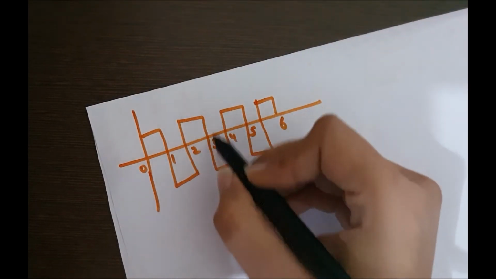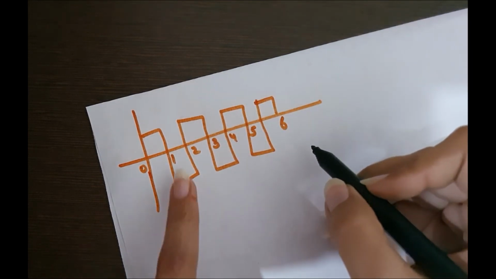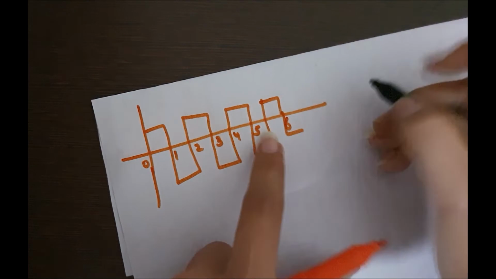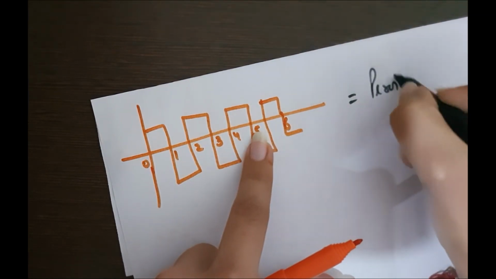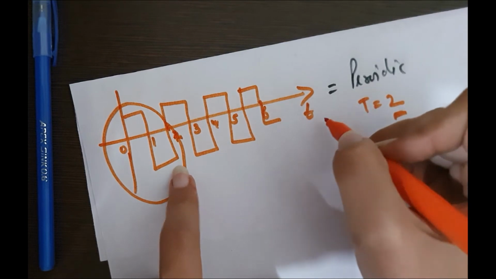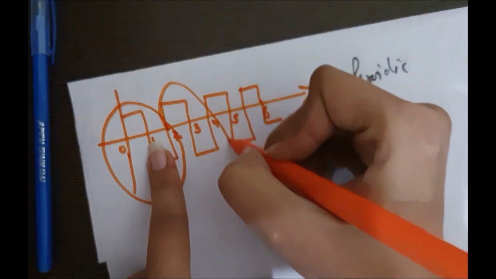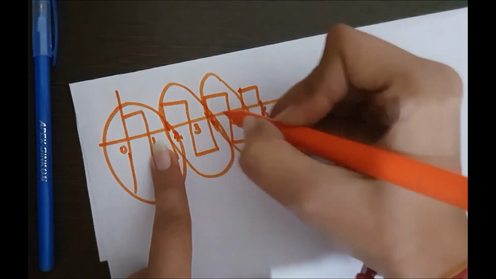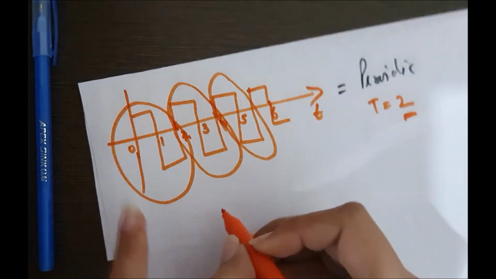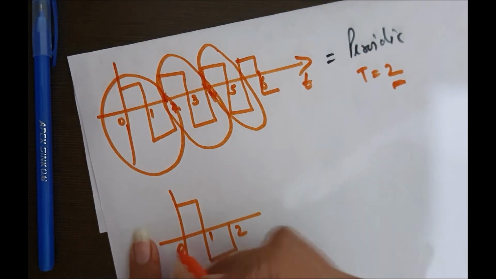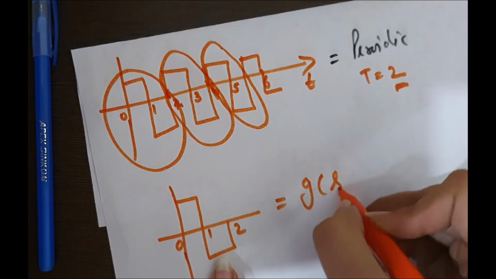Now as you can see, this function is repeating itself. This type of function that repeats itself is called a periodic function. This function is repeating itself after t is equal to 2. Suppose this is g(s).